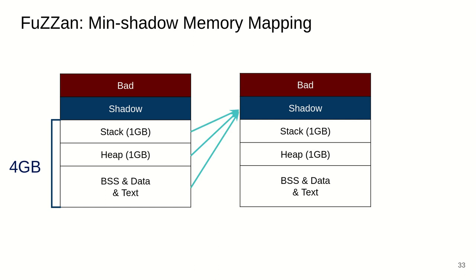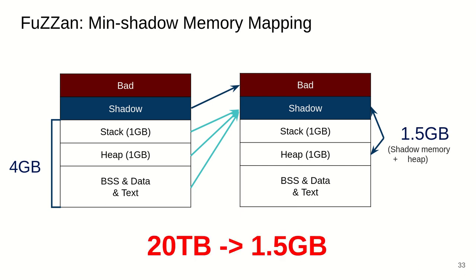gigabytes of memory. Again, the different areas map into our shadow memory and allow us to keep track of all the different parts in only 512 megabytes of shadow memory, and together with the heap and the shadow memory, this is 1.5 gigabytes of pre-allocated memory.